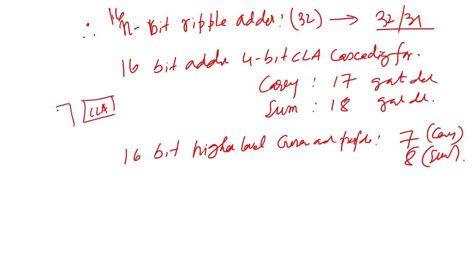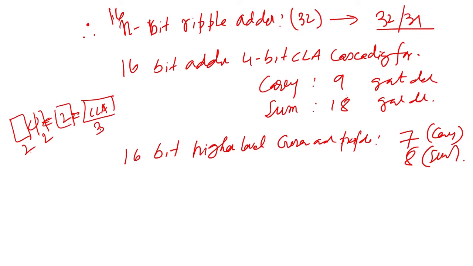CLA, another CLA. As I said, this is 3, 2, 2, 2. So, 3 plus 2 is 5, 5 to 7 to 9. So, if you use 16 bit, the carry will be 9 gate delays.